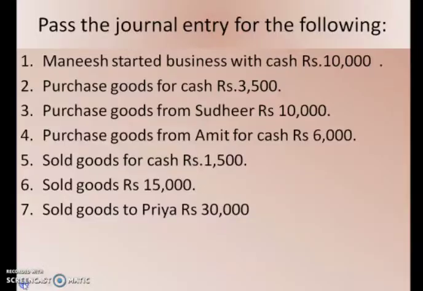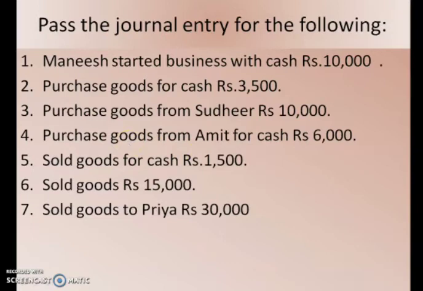The next transaction is purchased goods from Amit for cash rupees 6,000. So you are purchasing some goods again, and here it is given that it is purchased from Amit for cash. So here you can see the name of the person from whom you have purchased is also given, and cash is also given. So tell me, which type of transaction is this?